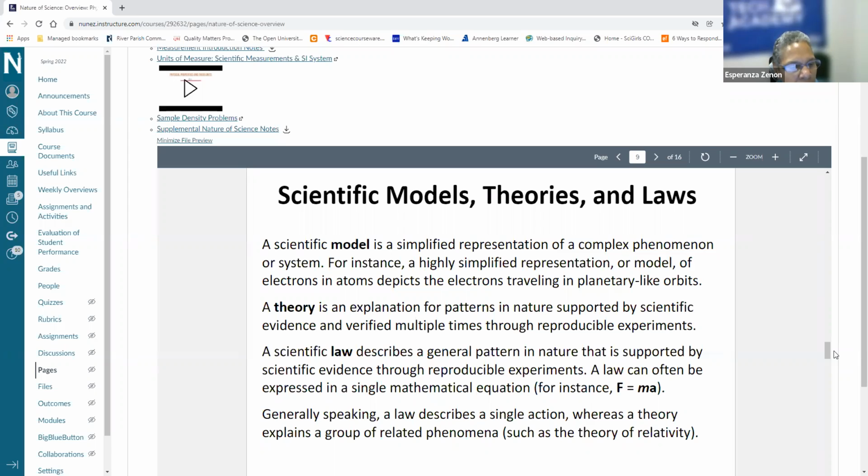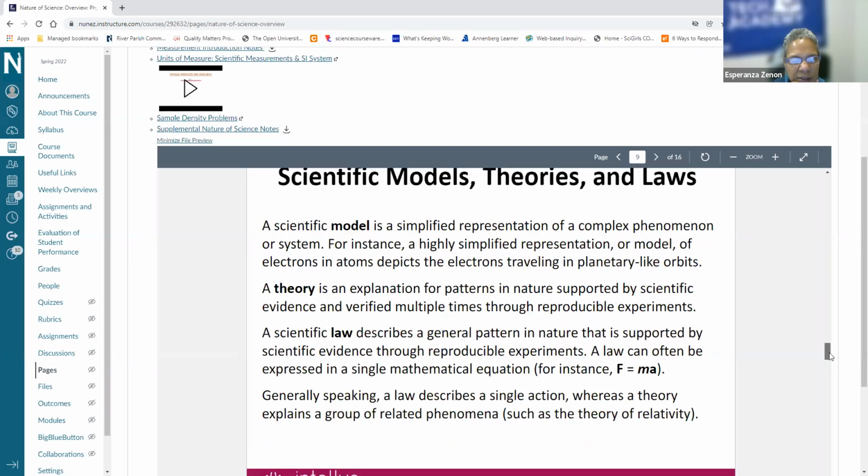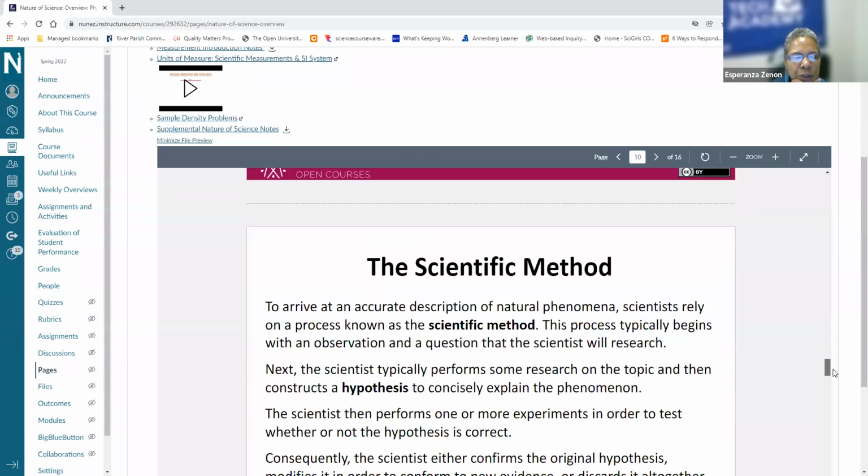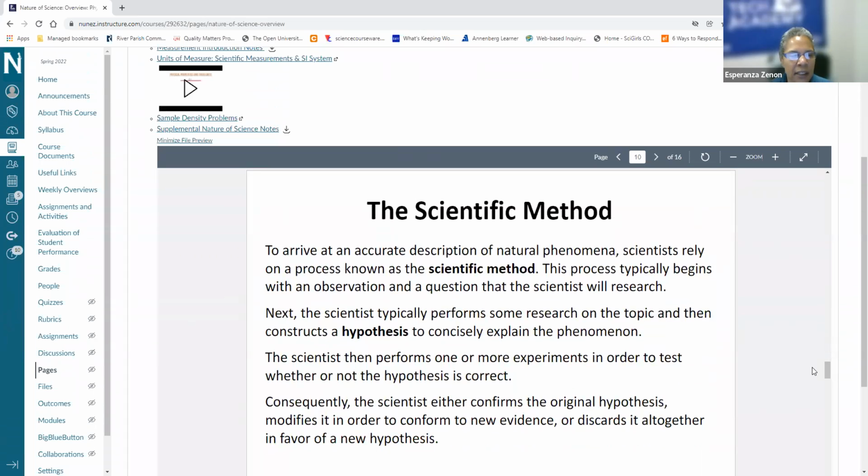As we get better explanations, we are obligated to revise theories and laws. Okay, so keep that in mind. None of this is set in stone. I always tell folks, what you came to this class to learn is the best understanding that we have right now of our scratch and sniff universe. The best that we have right now.